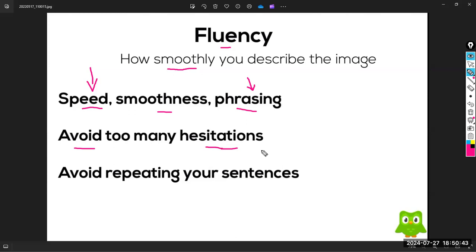Maybe I want to say, I can see a certain image that... Please avoid hesitation. This is really bad. You have 20 seconds. Please try to think about the vocab, think about the tense, arrange yourself before you speak. This is extremely important. Avoid repeating the same words, the same letters, the same sentences, because you will be silly.